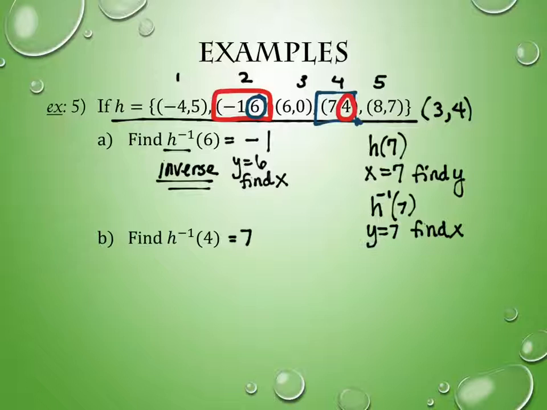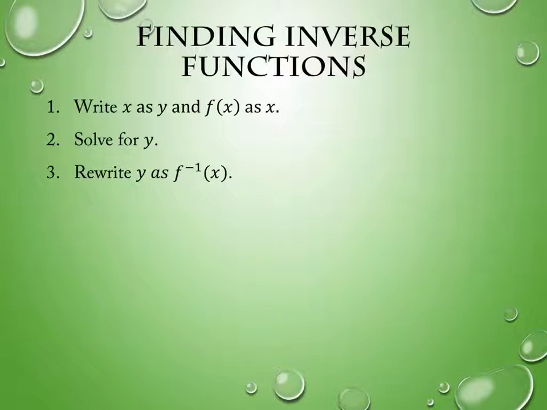And I wouldn't be able to answer the question with a single value. What is h inverse of 4? Well, it's 7 and it's 3. Well, that's not good. The relationship is supposed to be 1-to-1. I put in one question, I get out one answer. And that's why this is what's not allowed. The functions have to be 1-to-1 for them to work. So let's talk about how we actually find inverses when we do have 1-to-1 functions.